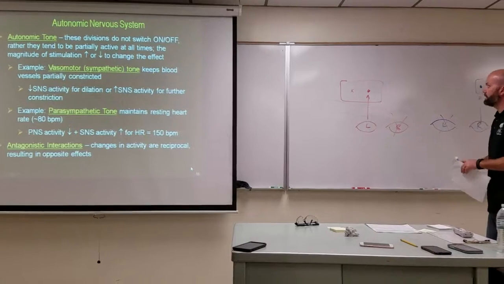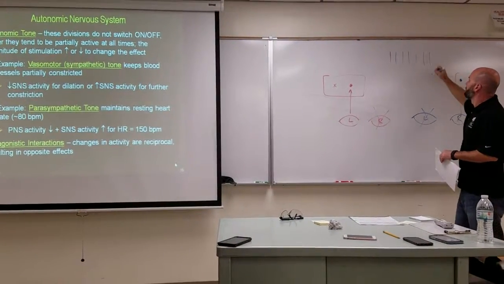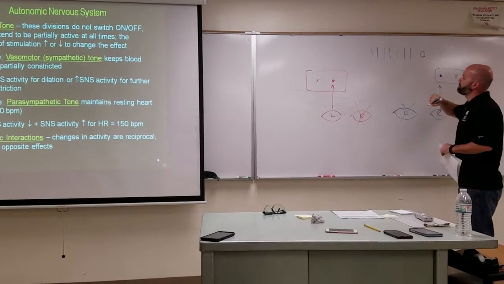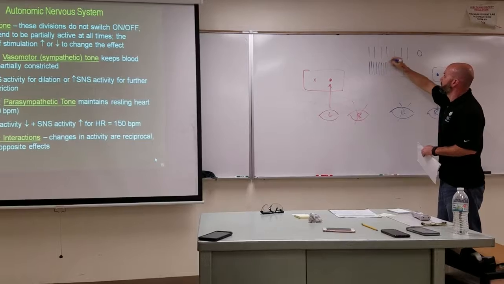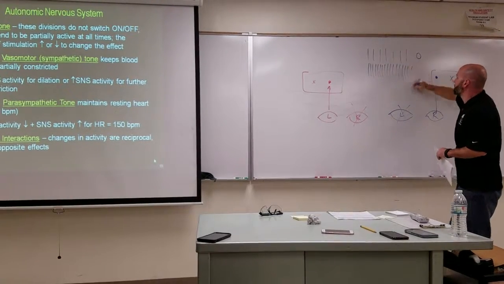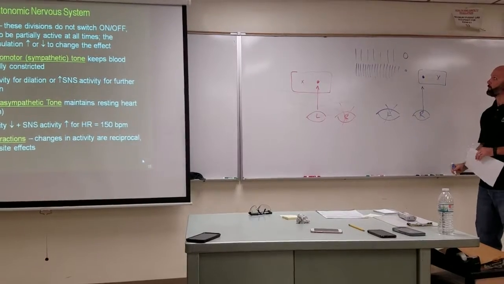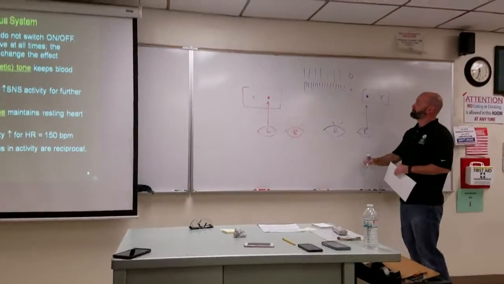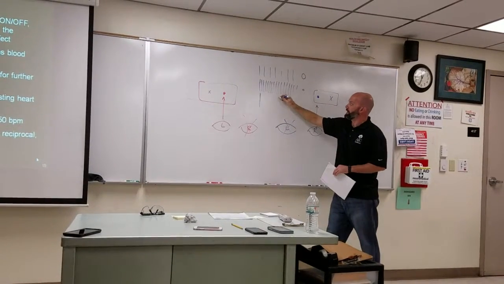And maybe the action potential frequency looks something like this, partially constricted. And then from there, if we turn up the dial, frequency goes up, start releasing more neurotransmitter, we get constriction. Well, what if we want to dilate? We start with our baseline, but then from there, you turn the dial down, right?